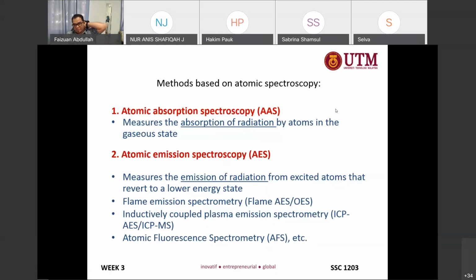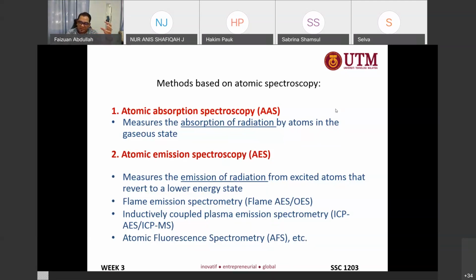Because we have a light source and the instrument can detect at very low concentration, it is more complex compared with AES. In AES we don't have a light source, and the detector only detects the emission of energy at high concentration. So if we have a low concentration of analyte in a sample, we cannot use AES. So AAS is more expensive, a more high-end instrument.